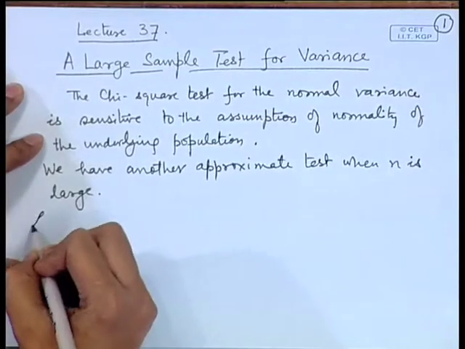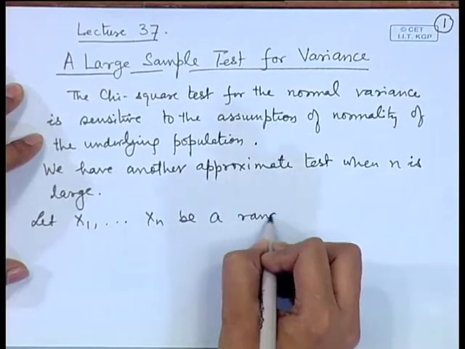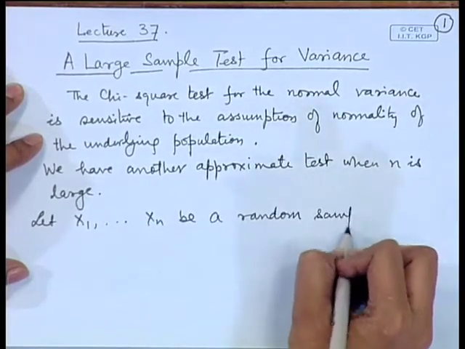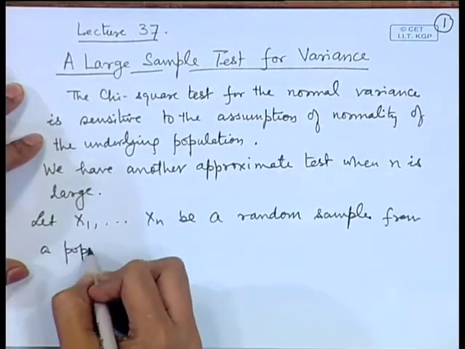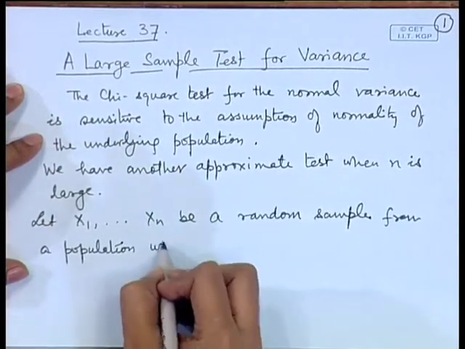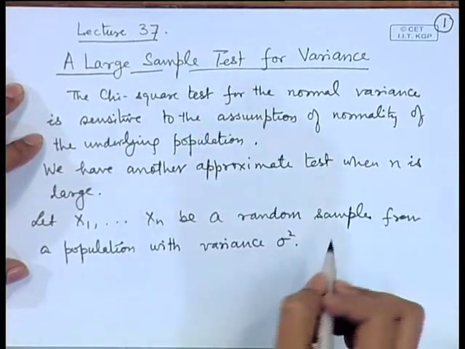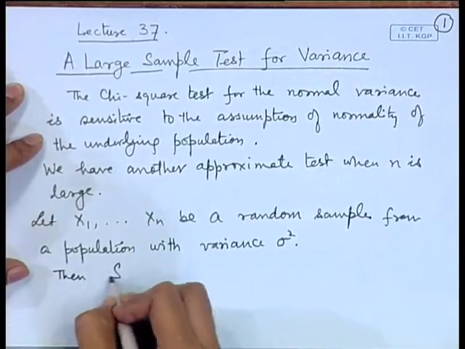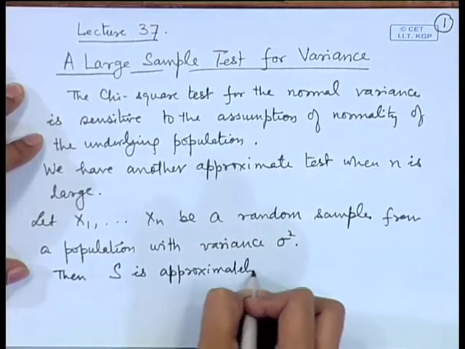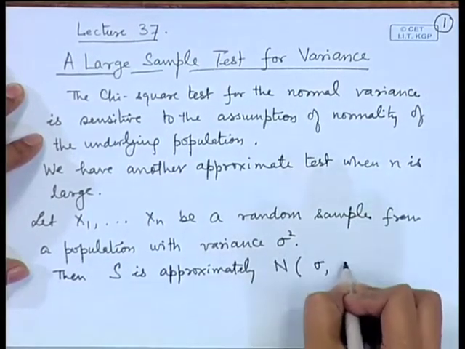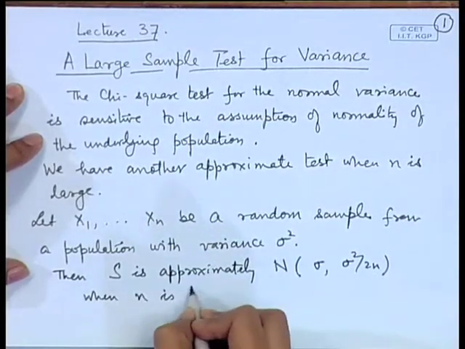So, let x 1, x 2, x n be a random sample from a population with variance sigma square, then S is approximately normal with mean sigma and variance sigma square by 2 n when n is large.